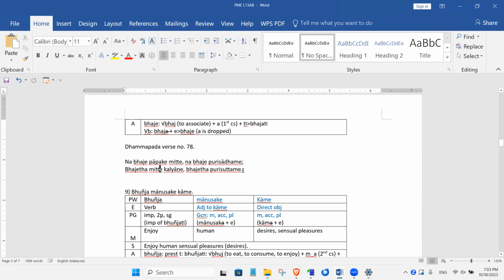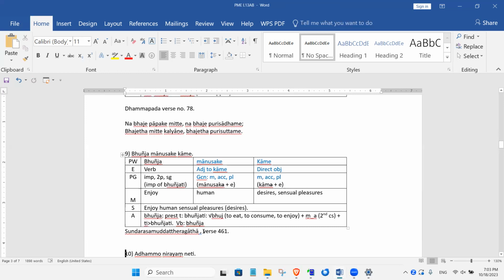Purisa Uttama. One should associate with the best friend. This is called twin verses, right, Saji? I'm not so sure, but verse 78. You can look for it. All right. Yeah, thank you. Verse 78.